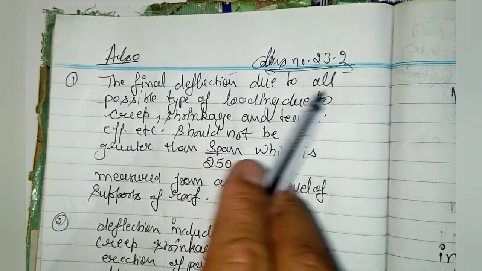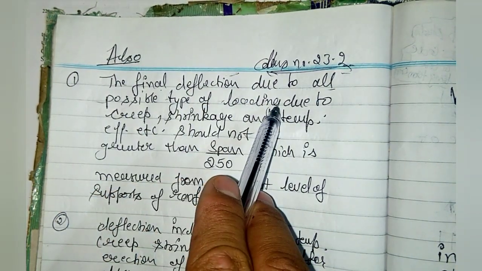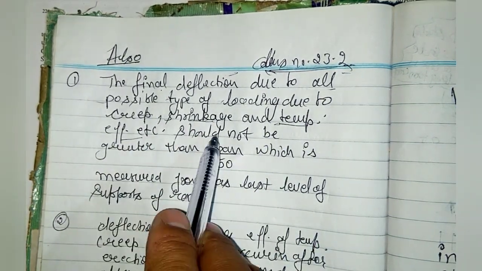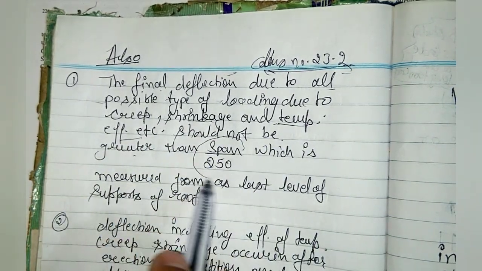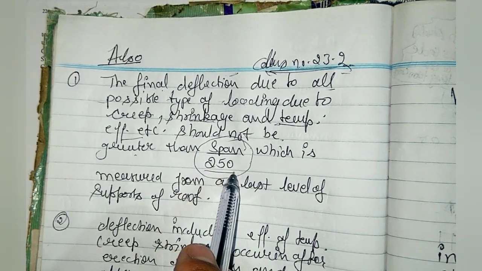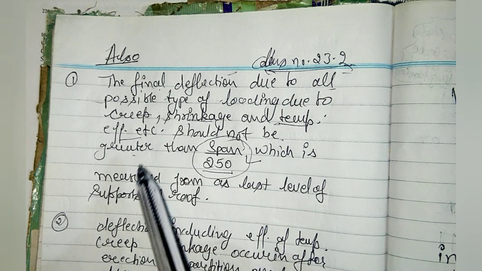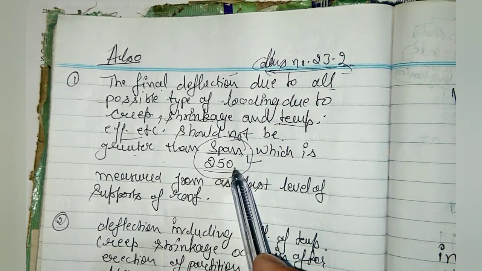The final deflection due to all possible types of loading, due to creep, shrinkage and temperature etc., should not be greater than span to 250. This is very important. The overall deflection within the structure should not be greater than span to 250.